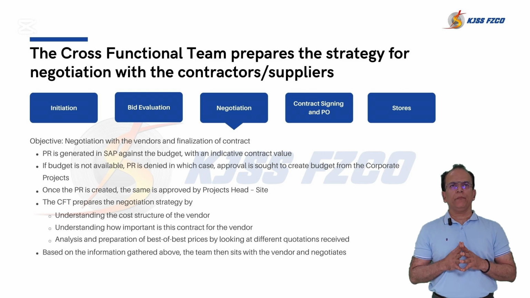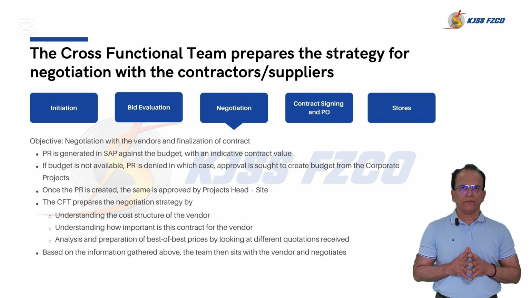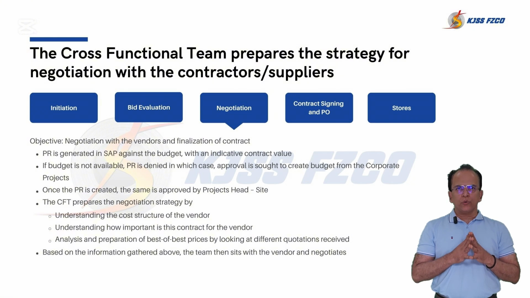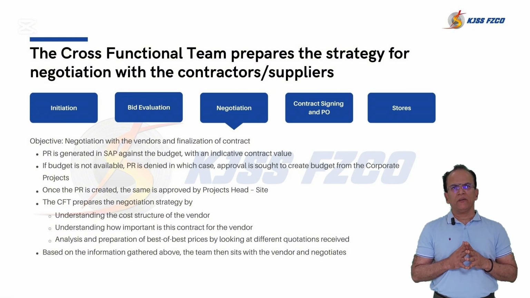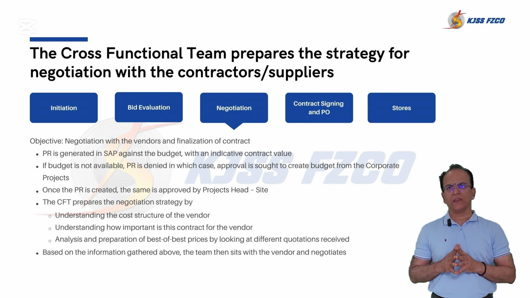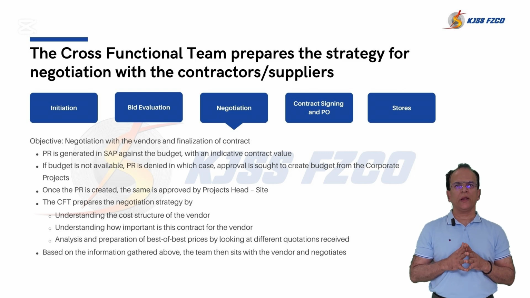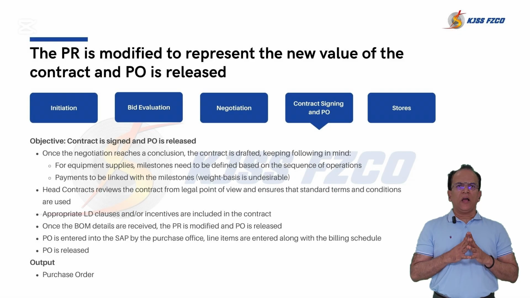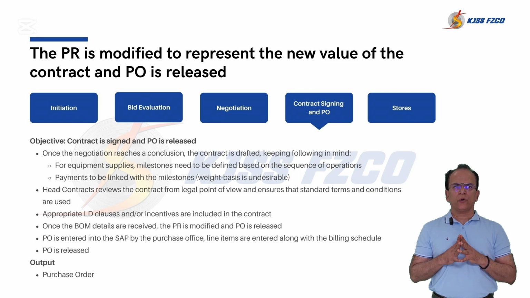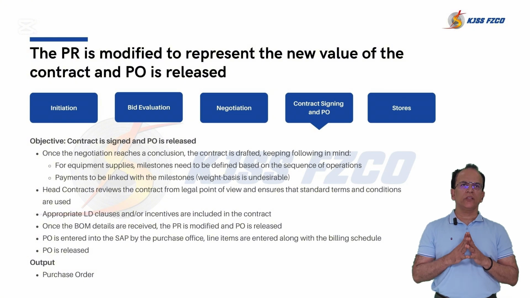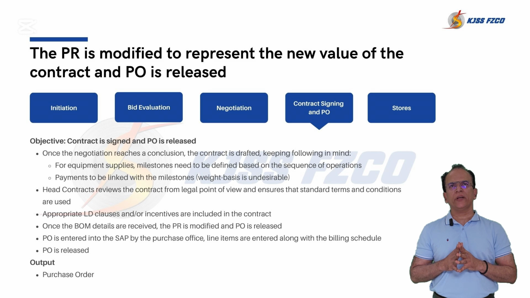Cross-function team will make the negotiation strategy. How do they do? They understand the vendor's cost structure first. They analyze how the vendor calculates their pricing, material, labor, overhead, etc. Evaluating the importance of the contract for the vendor, they assess how crucial this project is for vendors, which helps in negotiating better terms.